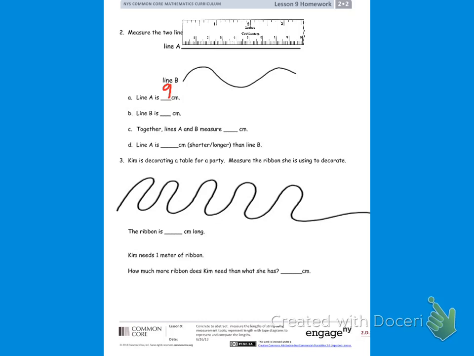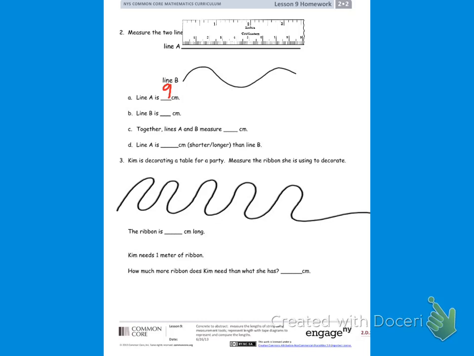For line B, you are unable to use a centimeter ruler to measure a squiggly line. Instead, we learned about meter tapes in Lesson 4. Meter tapes are used to measure something that is round or not straight. If you do not have a meter tape, I would suggest that you take a piece of string and curve it along the line that's on your paper and then cut it off.